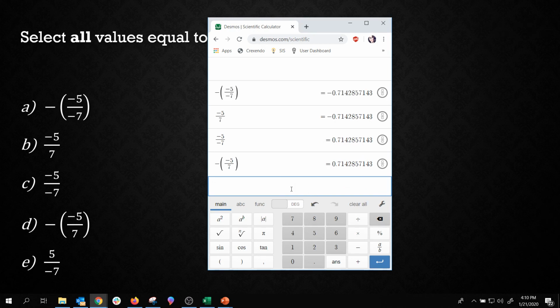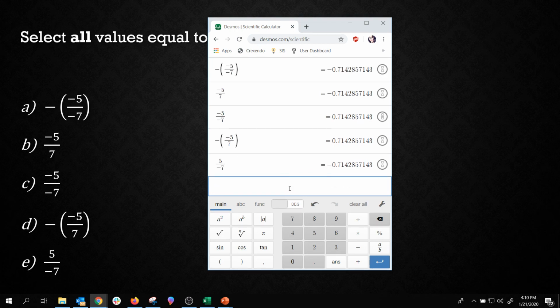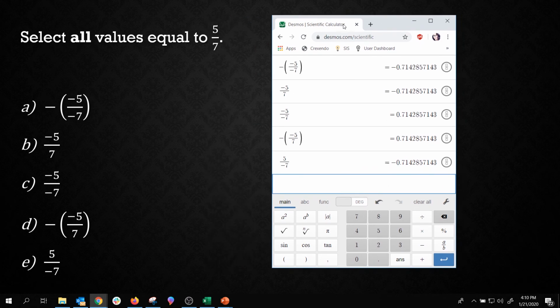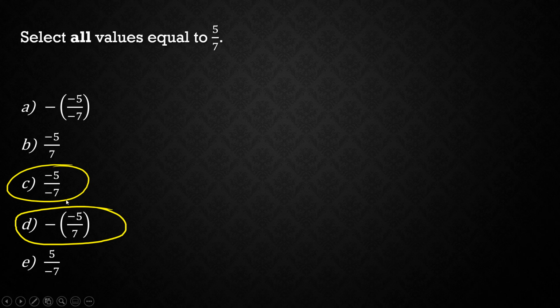This one is also positive, and 5 over -7. So I'm looking for ones that are positive because my original fraction's positive, and it looks like it's these two. These three are negative, so these two right here are the ones that I want to pick for this problem. So the third one and the fourth one.